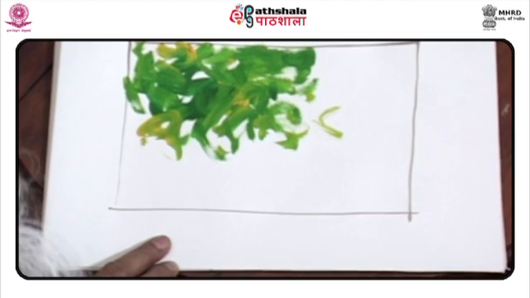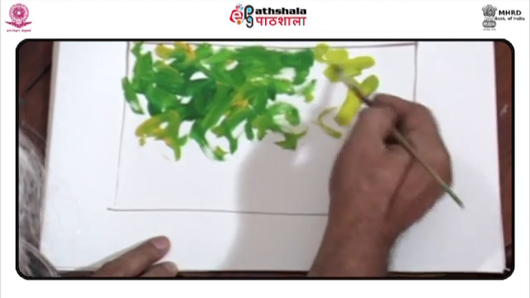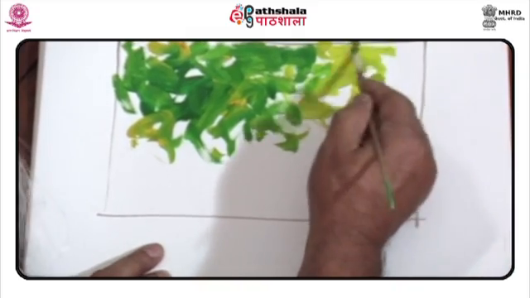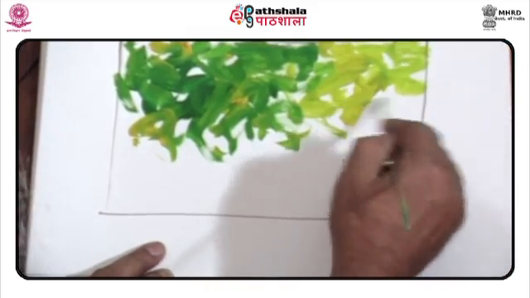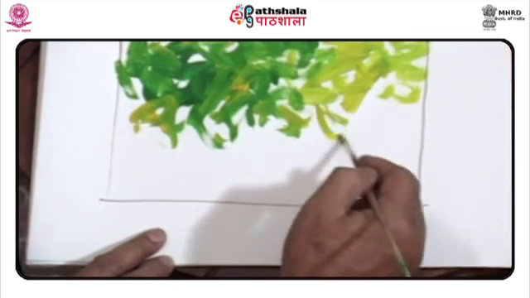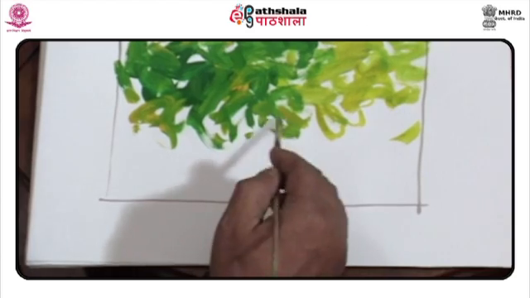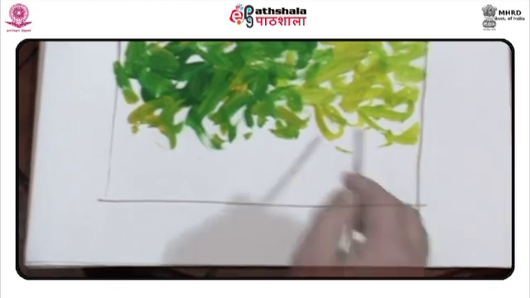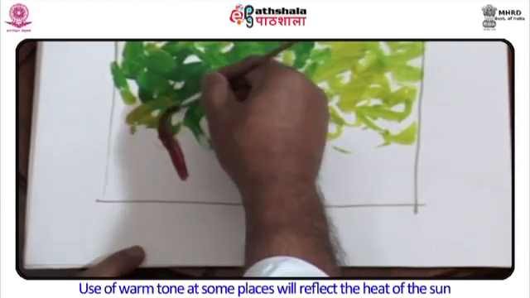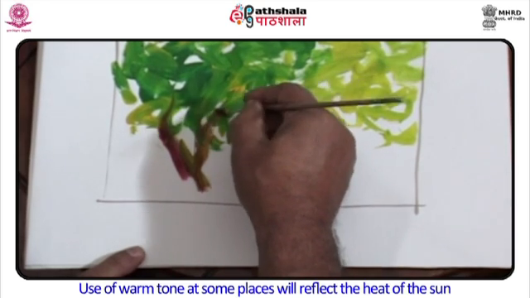It's a time of the day with sharp contrast and light at its peak of brightness, strong shadows. Use of warm tone at some places will reflect the heat of the sun.